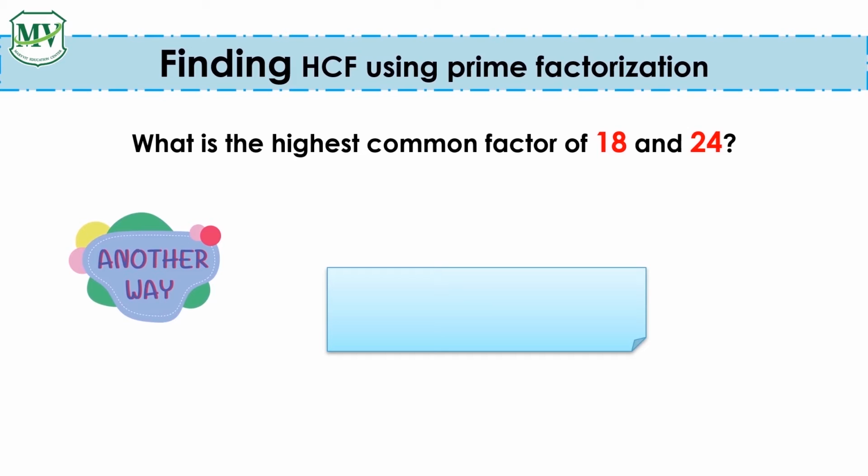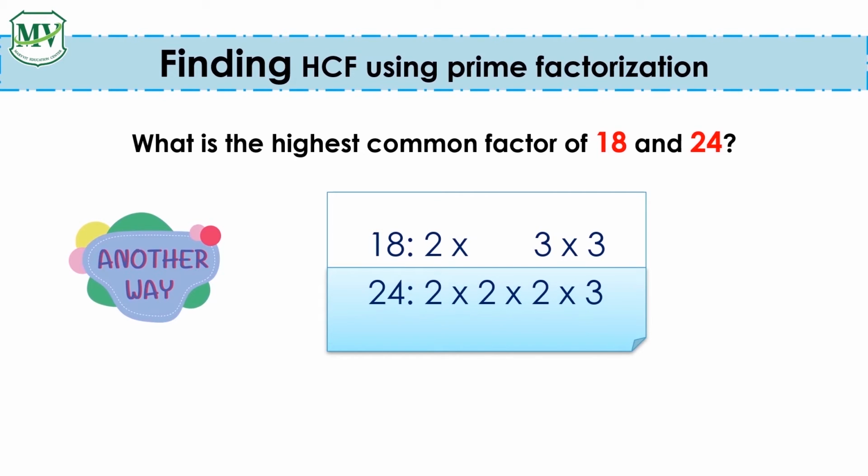You're right. The prime factors of 18 are 2 times 3 times 3. Then, what are the prime factors of 24? Good! The prime factors of 24 are 2 times 2 times 2 times 3.